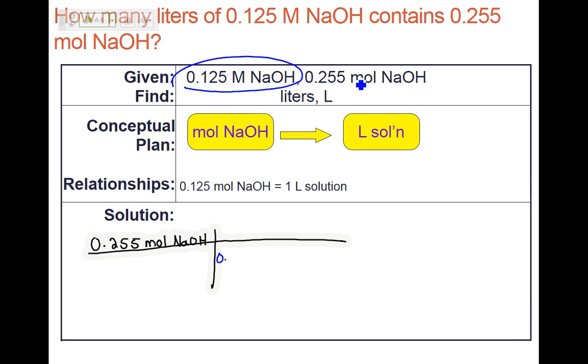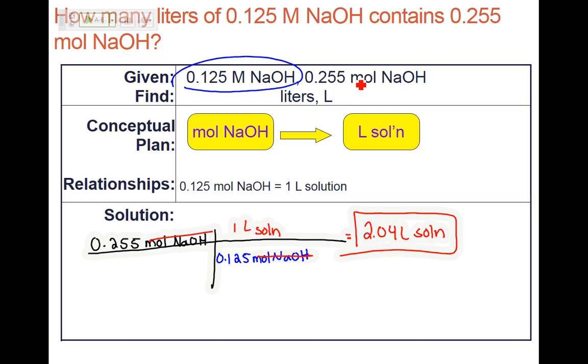I'm going to have my 0.125 moles of sodium hydroxide at the bottom, and my liter of solution at the top. Again, do not interconvert those numbers. That 0.125 is tied to the amount of moles of solute I have for every liter of solution. So when I do this conversion, my moles of NaOH cancel out, and that tells me I need 2.04 liters of my solution to have the amount of moles I want.